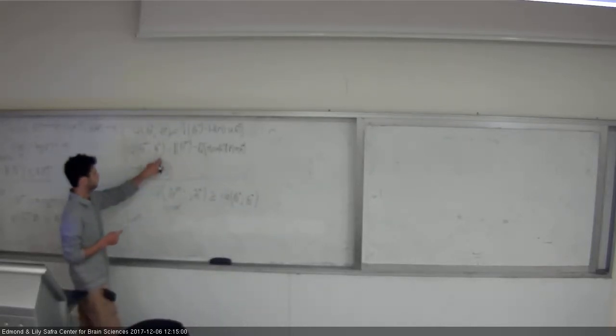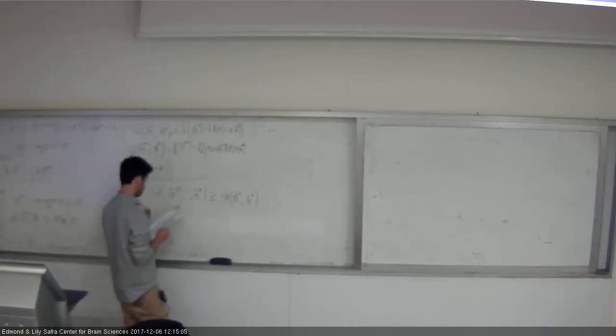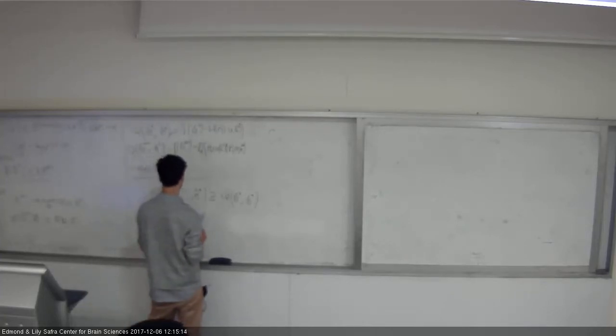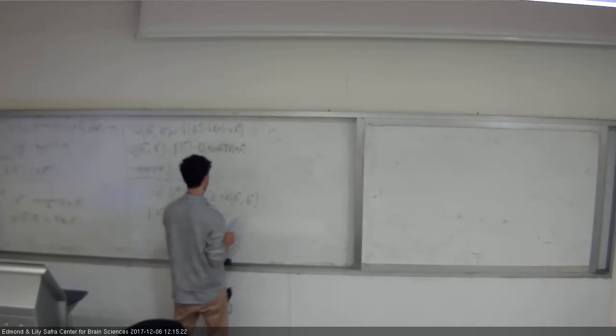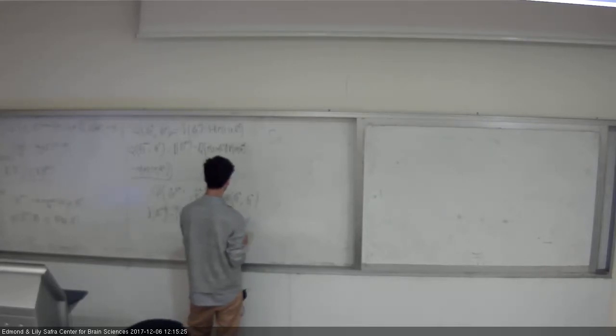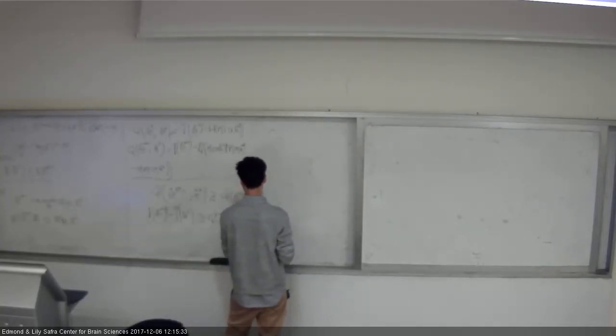And if we put this and this together, we get that the likelihood of theta hat at time t plus 1 minus the likelihood of theta hat at time t is bigger than the DKL between p of z given x and theta hat at time t and p of z given x and theta hat at time t plus 1.